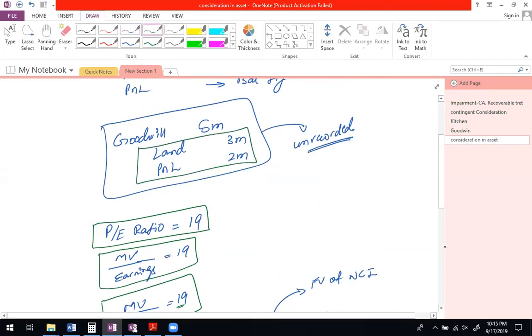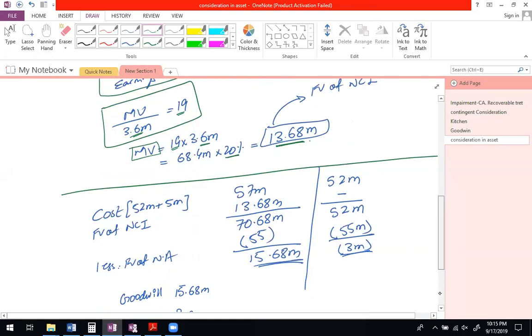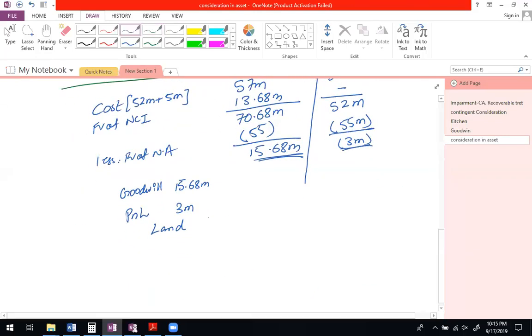So we are going to credit the land by 3 million, the gain on disposal by 2 million, and the value of NCI that they had forgotten was 13.68 million.